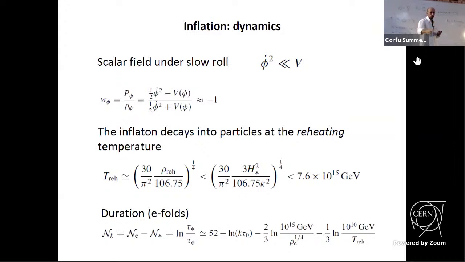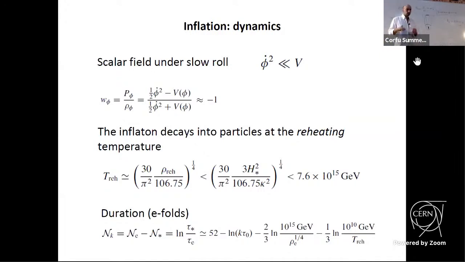So the field starts to roll quickly in the potential well, so inflation ends, and the classical oscillations in the potential well actually translate to the cosmological friction we have. But they translate at the quantum level to the decay to particles. And this happens at some temperature. This then creates this hot plasma of particles, and eventually from this you get the standard matter, atoms, etc., as we saw in the hot Big Bang model.